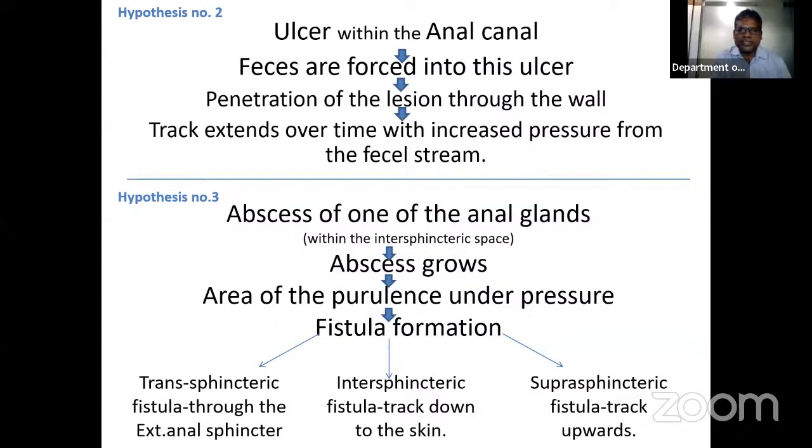This fistula could be transsphincteric, which tracks through the external anal sphincter. It could be intersphincteric, which tracks down to the skin directly from the intersphincteric space, or it could be suprasphincteric, which tracks upwards.